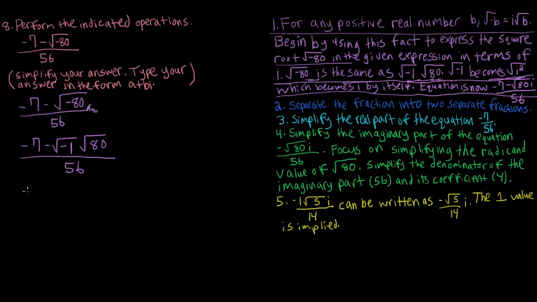So we have -7 minus input i squared value for -1, so i squared 80 over 56.